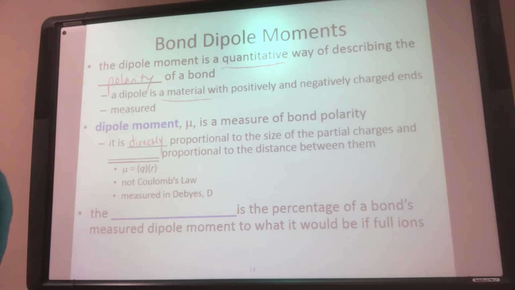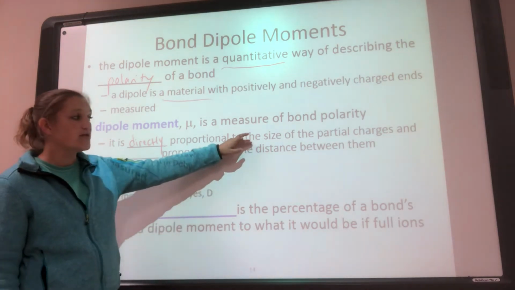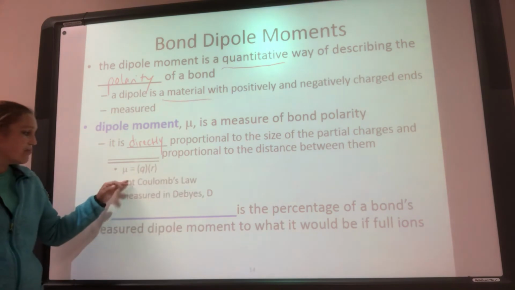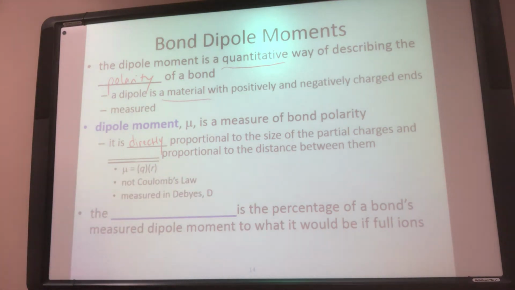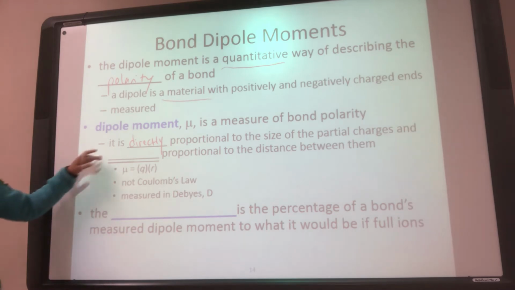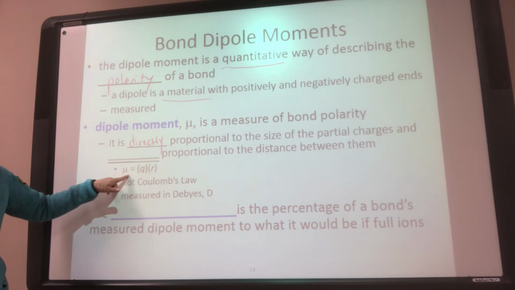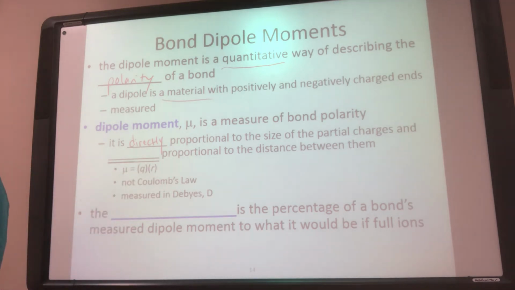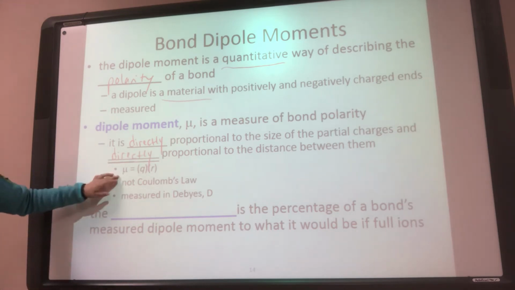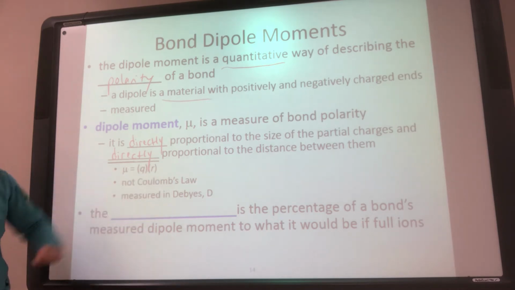So if the partial charges are really big, then my bond polarity is also going to be really big. Okay? And then the next thing is the distance between them. The bond dipole is directly proportional also to the distance. So my dipole moment is going to be related to the size of the partial charges and the distance.